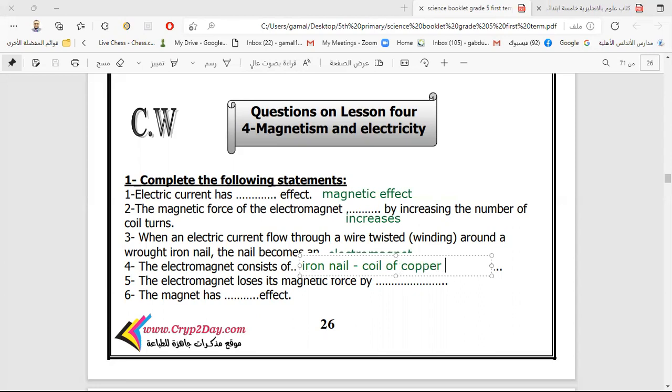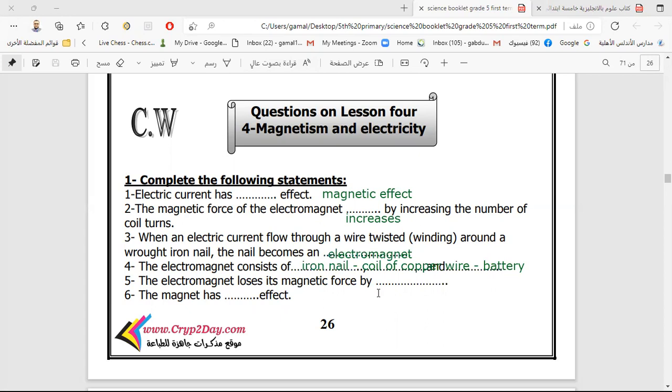Very good. What else? The third component is a battery. So we have an iron nail, a coil of copper wire, and a battery. This is the structure of the electromagnet.